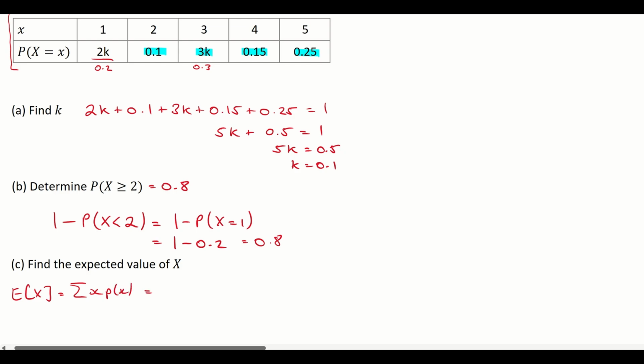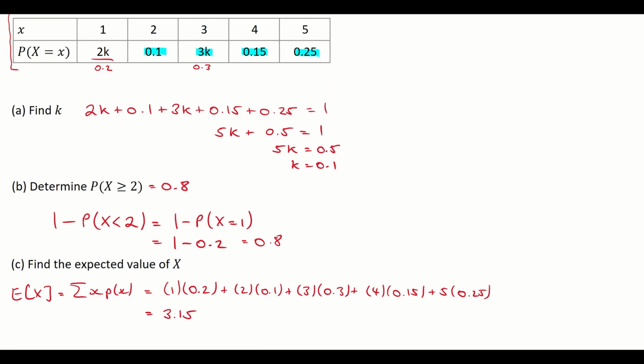And well, that's just going to be 1 times 0.2 plus 2 times 0.1 plus 3 times 0.3 plus 4 times 0.15 plus 5 times 0.25. And if we put that into a calculator, we get 3.15. So that's just an example of a slightly different question that you may come across.